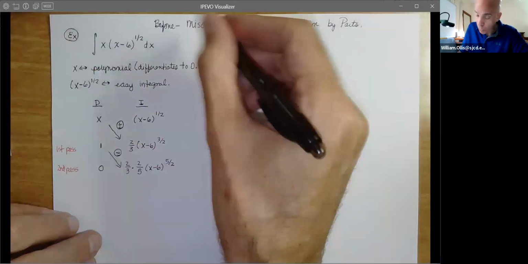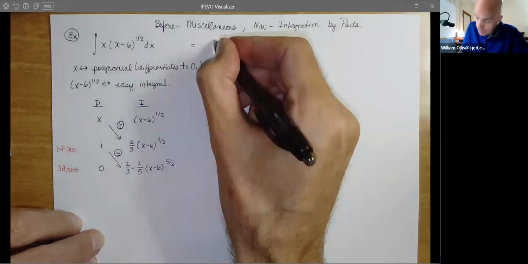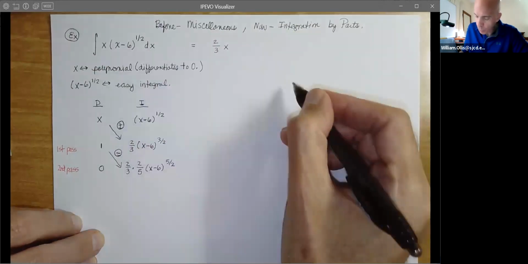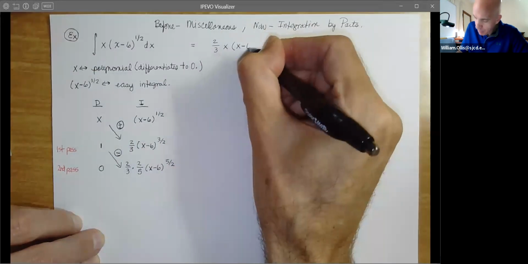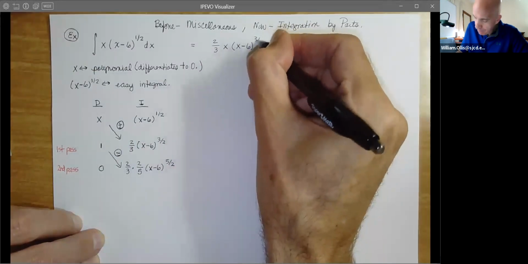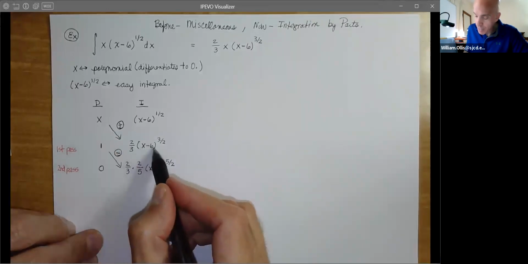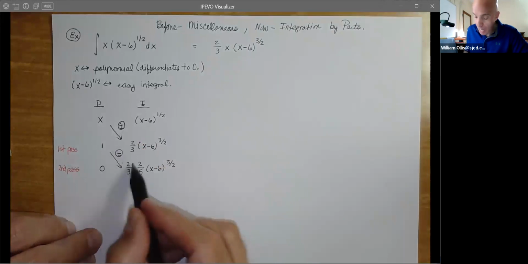So now the integral: 2/3 x, and then we're going to make it look pretty because we want to work for the FBI maybe. So we have 2/3 x times (x - 6)^(3/2) plus right there. Now here, notice we have the minus that's built in, but no other minuses.